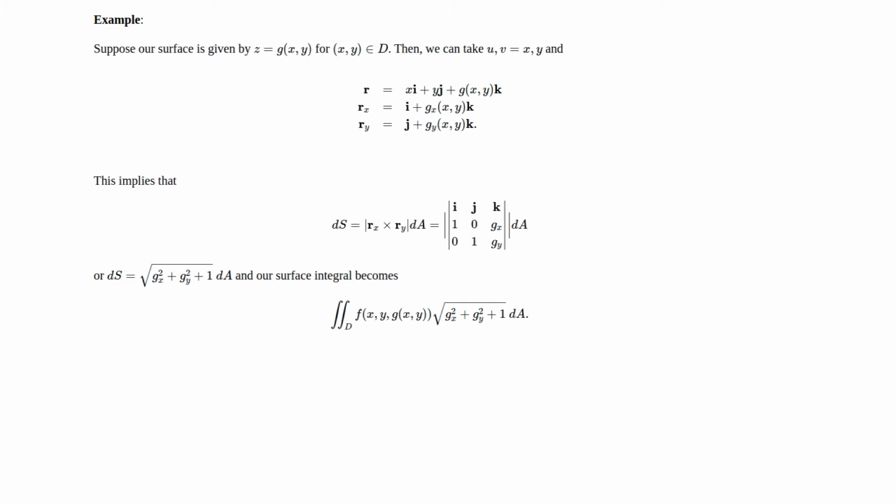So ds is this square root function times dA. And our surface integral becomes the integral over the parameter domain of f(x, y, g(x,y)) times this multiplicative factor, the square root of g_x squared plus g_y squared plus 1, dA.